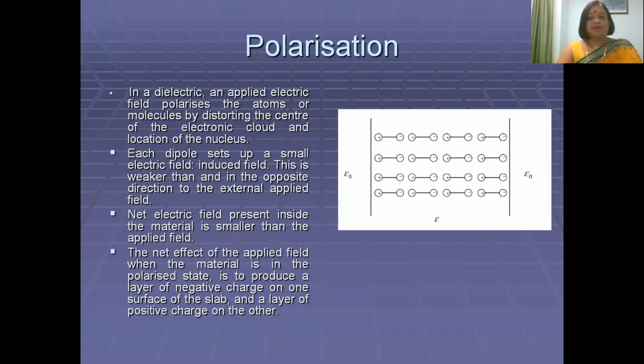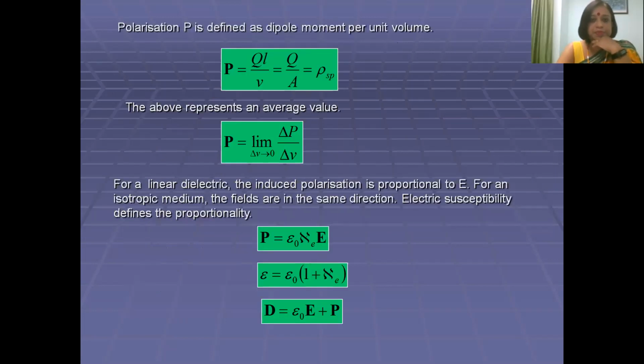As a result, if you are inside the material, you will see a field which is lower than the applied electric field. And therefore, you will probably be able to withstand more dielectric strength. So that is the nature of dielectric materials over and above vacuum. Vacuum does not have polarizable dipoles.